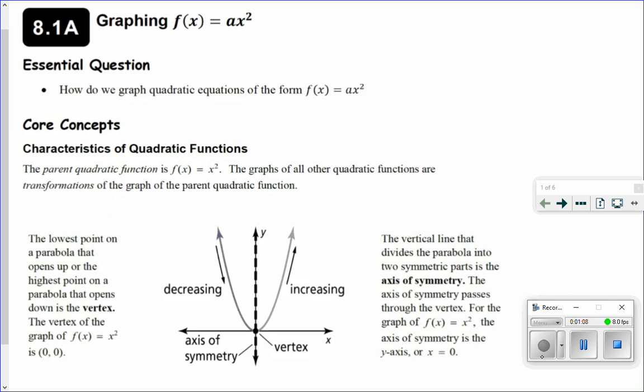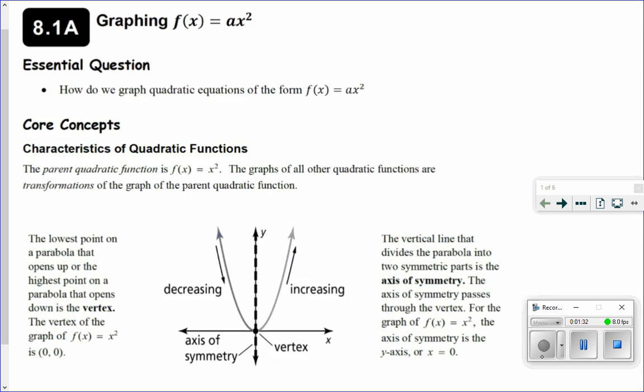There are different numbers that affect it in different ways. So we're going to break that down a little bit and focus on one aspect at a time. In 8.1a, we're focusing on the impact that the leading coefficient, the coefficient attached to the degree 2 term, the x squared term, has on the graphs, okay?